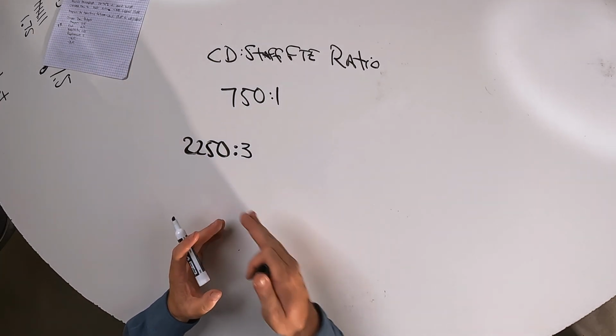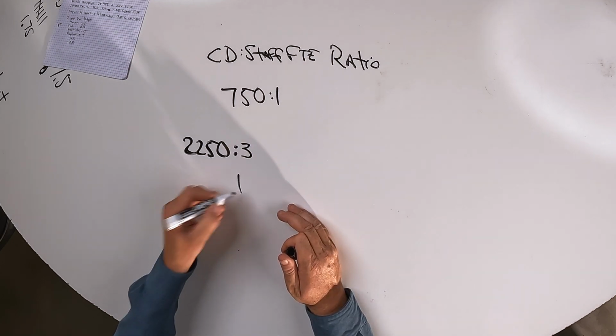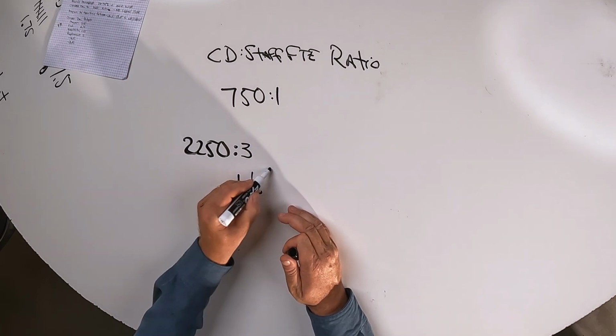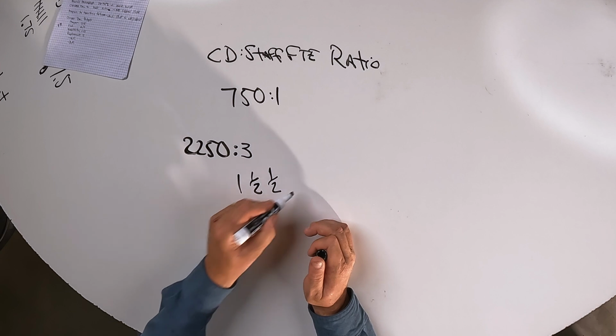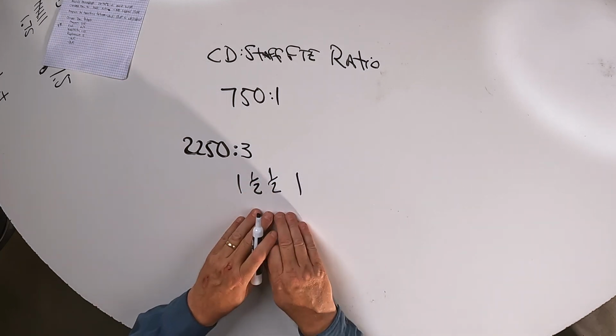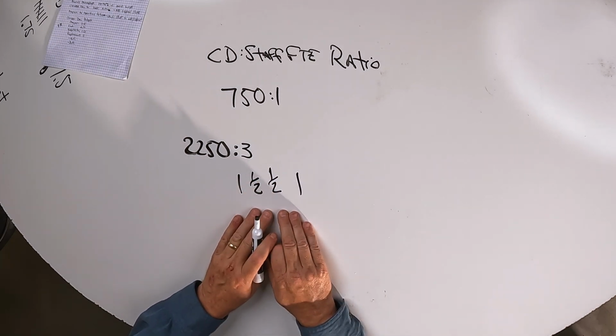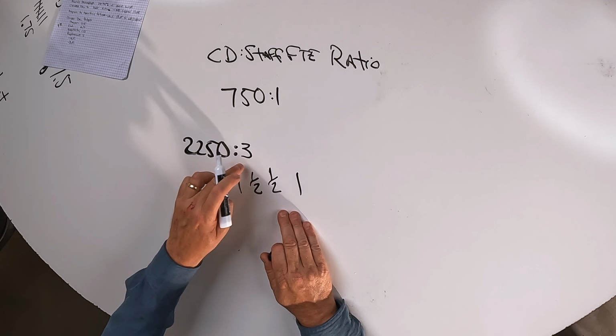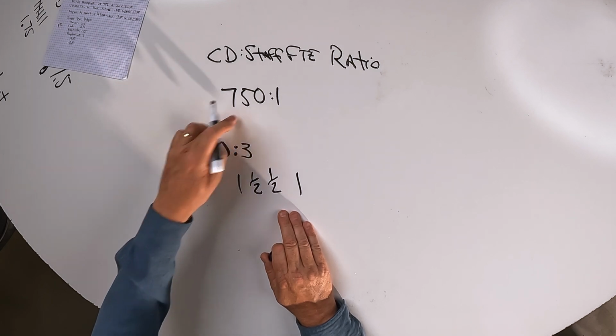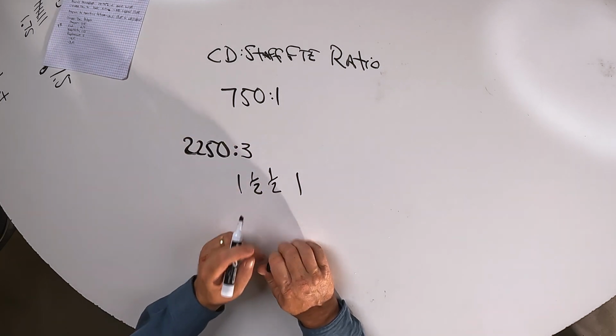Now, that 3 may be made up of 1, 2 halves, and another single. It may be 4 people that make up that 3, but my full-time equivalent, if I'm going to be 1 to 750, would be that number right there. Now, what is valuable about this?